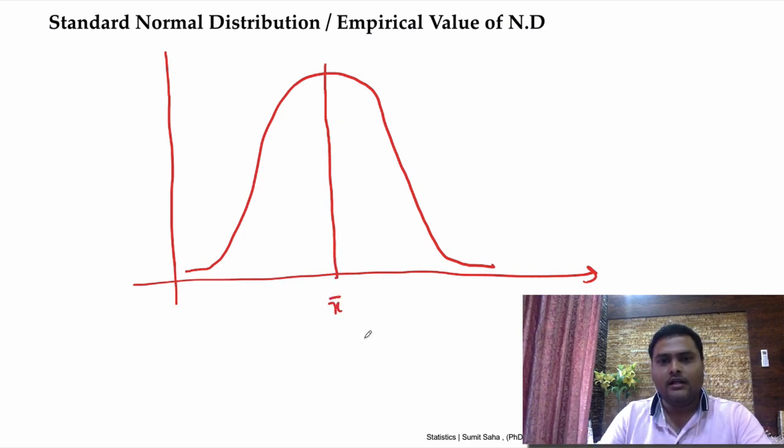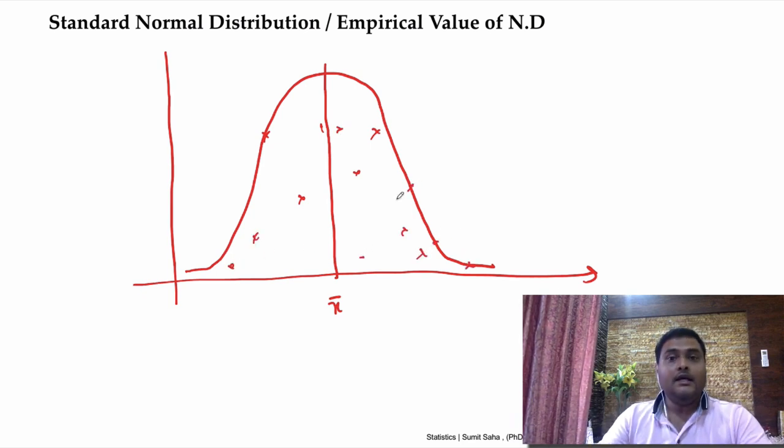Correct? No doubt in that. And this mean could be 0, it could be 10, 15, 20 and so on, because we are taking the origin here, right? Starting from 0, this is 10, 20, 30, 40, 50, 60, 70 and so on, and accordingly the data points were segregated. It may be here, here, here, and here. Any doubt in this? Correct? There is no problem in that, right?